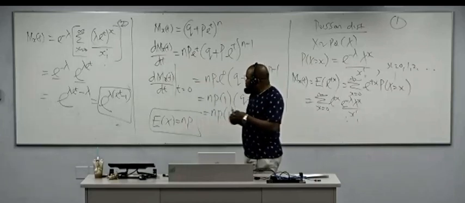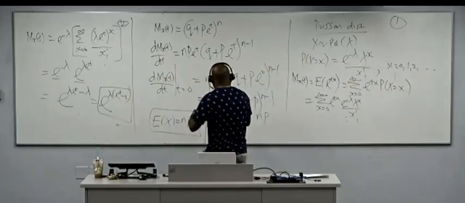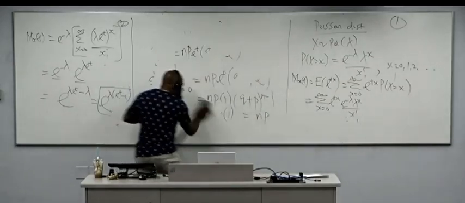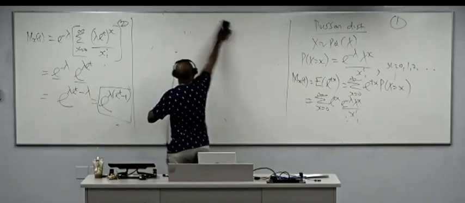Now, this is a moment generating function. If I want to obtain the mean, I only need to differentiate that guy.